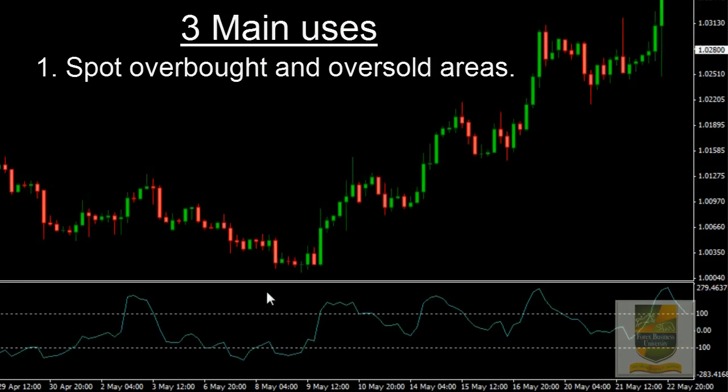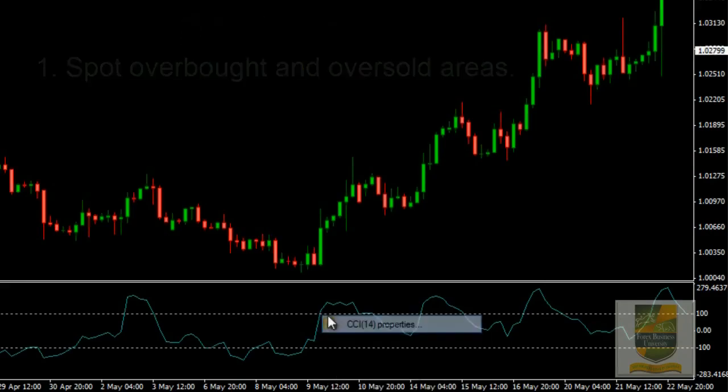And you can even plot in two extra levels to really see overbought and oversold zones. These two levels are the plus 200 and the minus 200. So let's get them on here.